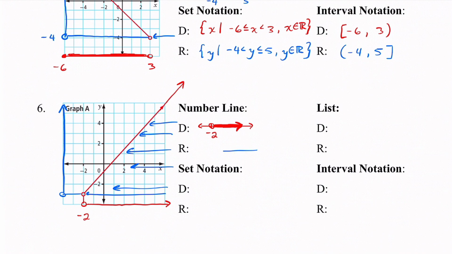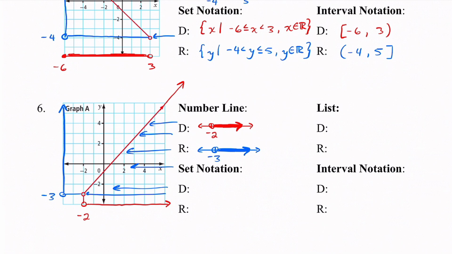So let's draw our number line, put our arrows, and then we started as low as -3. It didn't include that -3, so open dot, and then it just kept going upwards. And it continued, so draw an arrow to say it just keeps going.